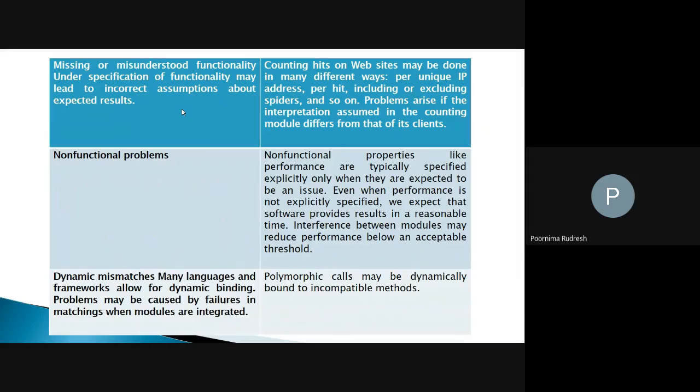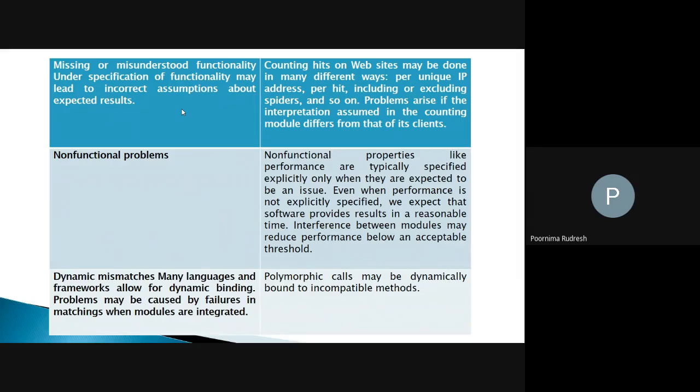Next come the non-functional problems. Non-functional properties, like performance, are typically specified explicitly only when they are expected to be an issue. Even when performance is not explicitly specified, we expect the software to provide results in a reasonable time. The interface between the modules may reduce the performance below an acceptable threshold.